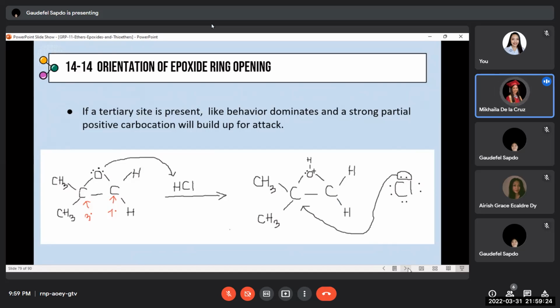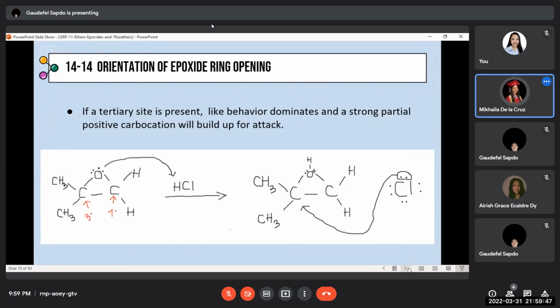As you notice on the right part of our picture, the atom attacks the tertiary carbon, or tertiary site, which is the last carbon, because in a tertiary site you have greater hyperconjugation and you've got the ability to host a partially positive carbocation and build it up to a better degree.